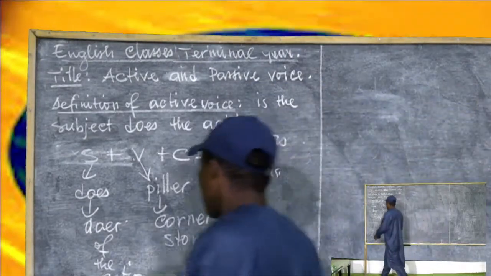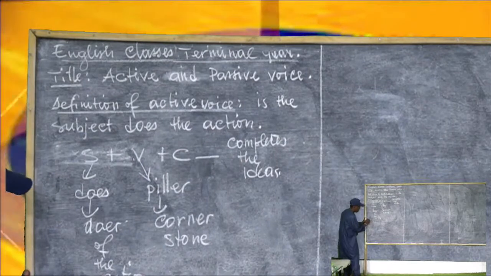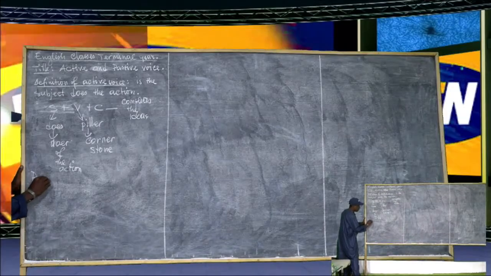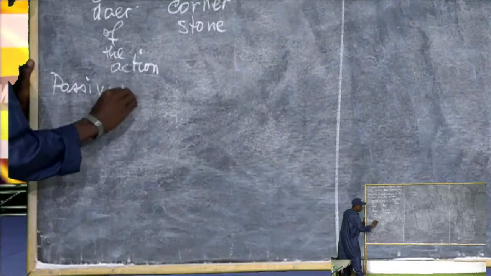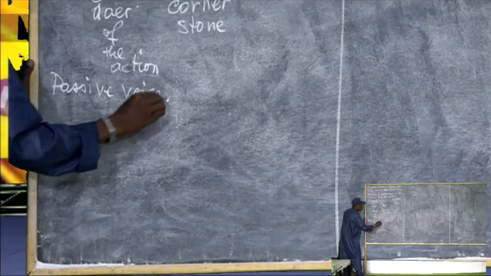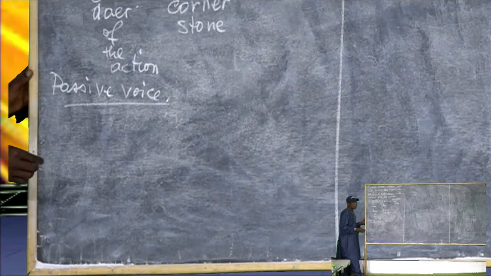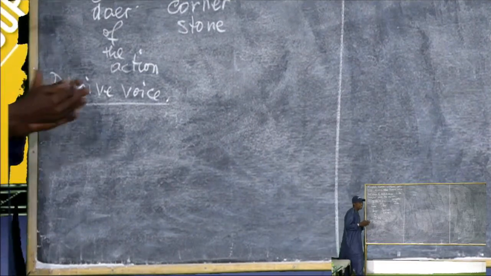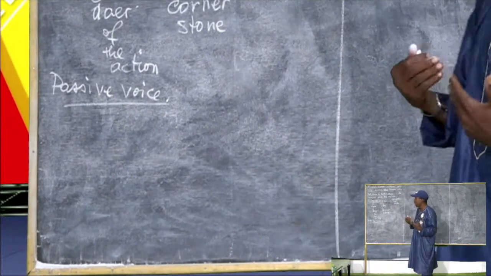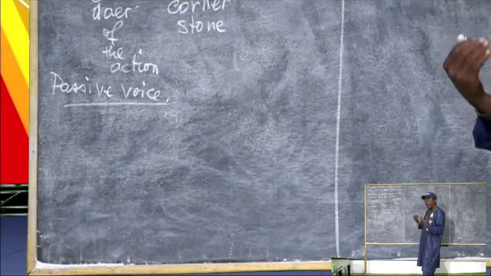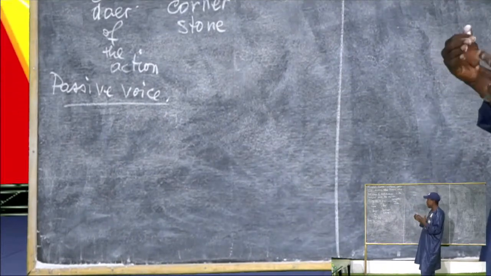Now, passive voice. Passive voice is when the subject is submitted to the action. It means the consequences of the action are reflected on the subject.